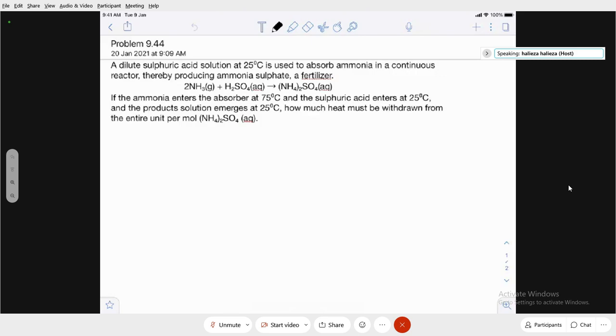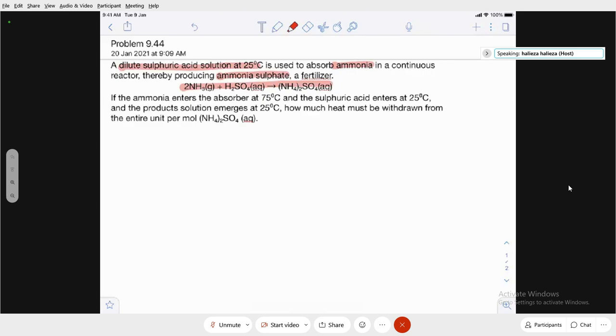You have a dilute sulfuric acid solution at 25 degrees C. You're going to absorb ammonia in it to form ammonium sulfate. This is the equation.